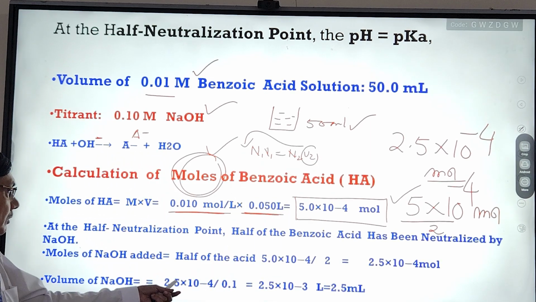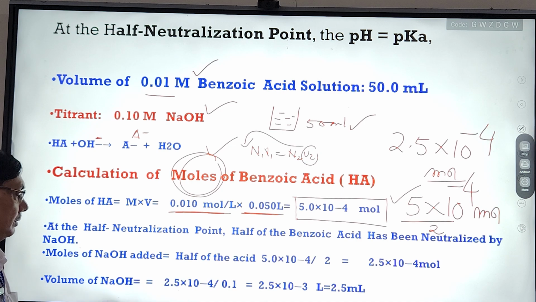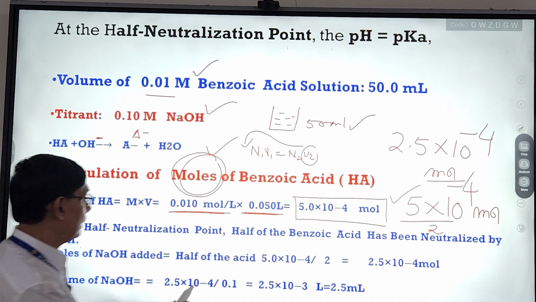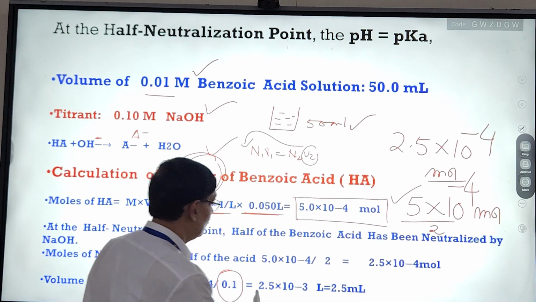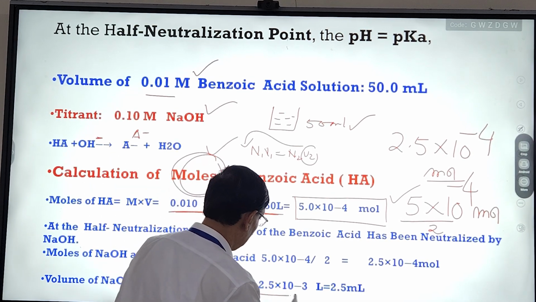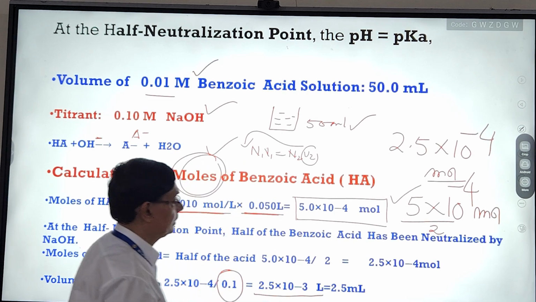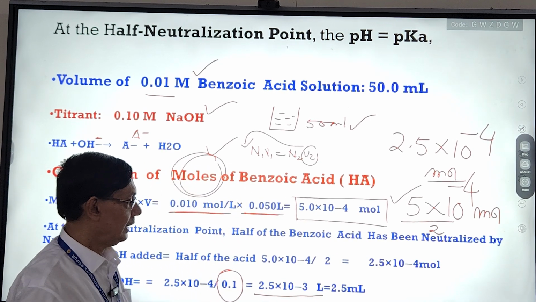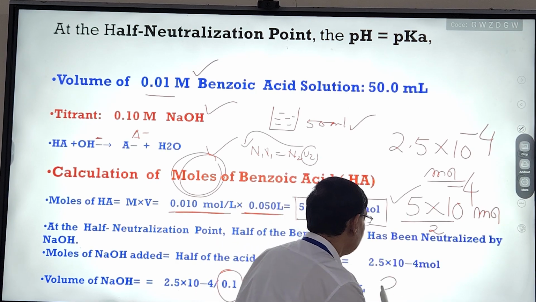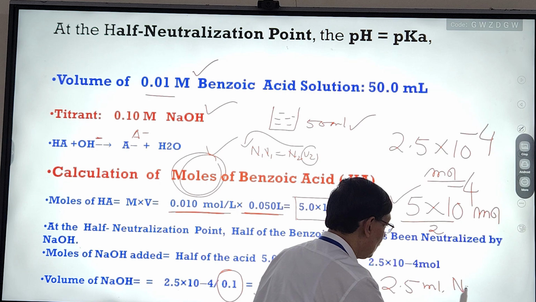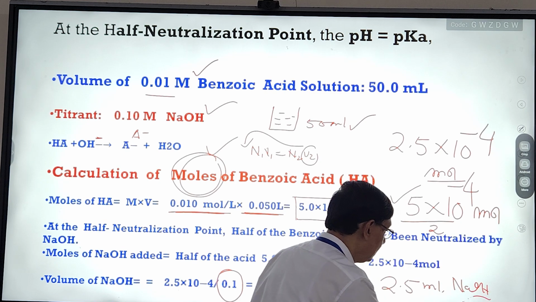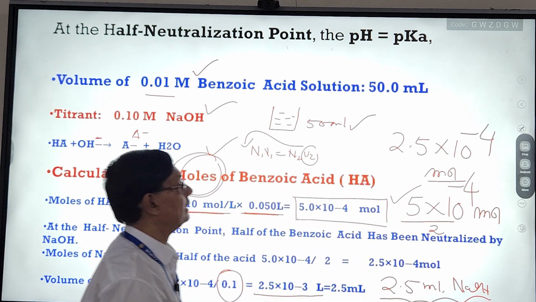So that is 2.5 into 10 to the power minus 4 moles divided by molarity, which gives 2.5 into 10 to the power minus 3 liter. I converted it into ml, so 2.5 ml of sodium hydroxide is required for half neutralization.